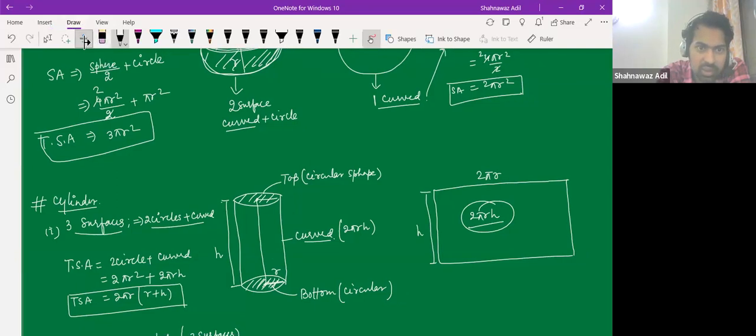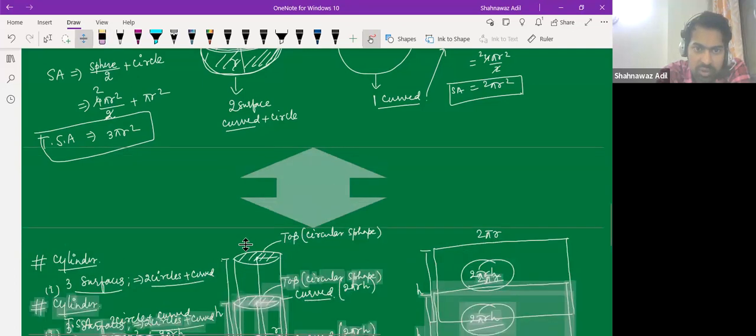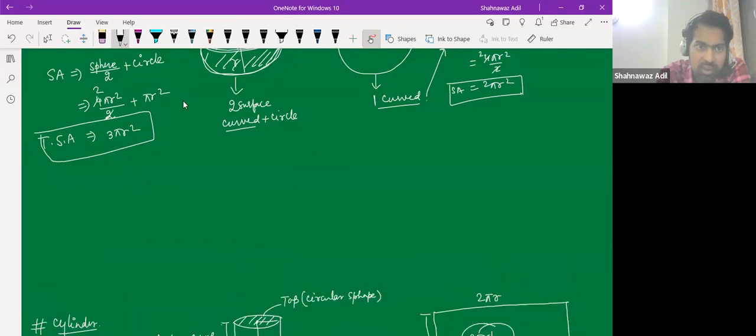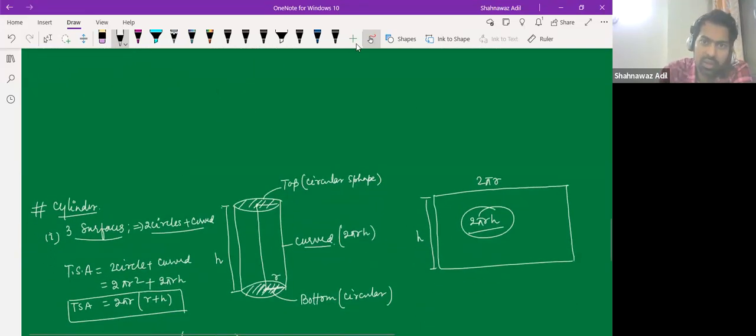Volume of these solids. Again, what is the capacity?